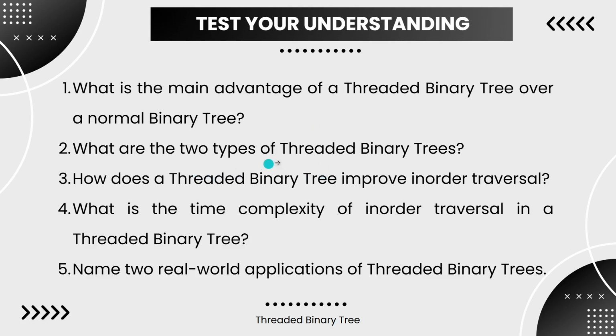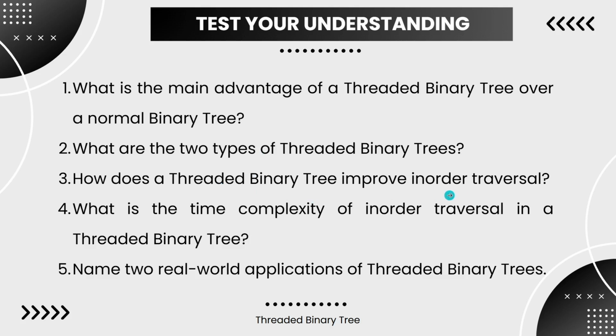And what are the two types of threaded binary trees? It is one way threaded and two way threaded, and two way threaded is also called a fully threaded binary tree, and one way threaded could be either a right threaded tree or a left threaded tree. And how does a threaded binary tree improve inorder traversal?